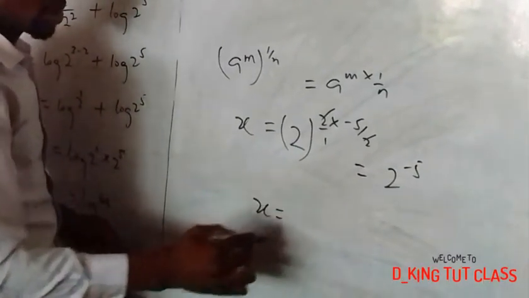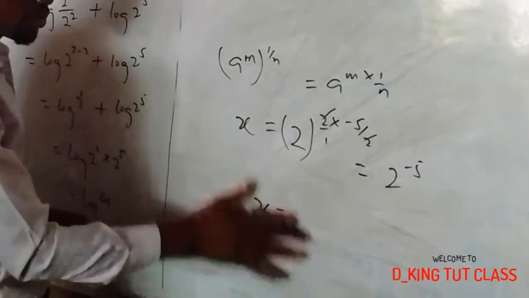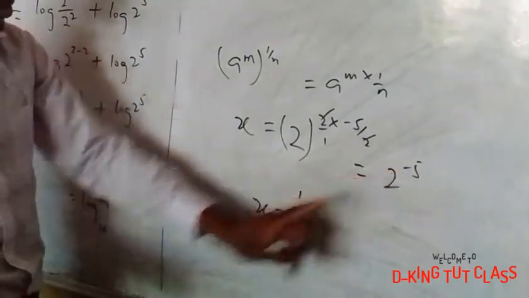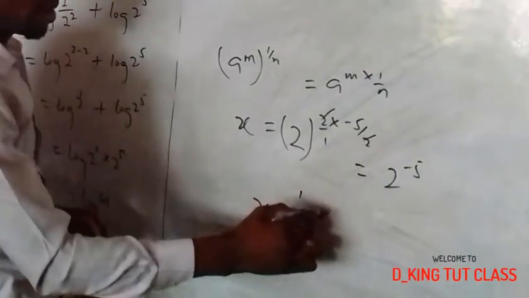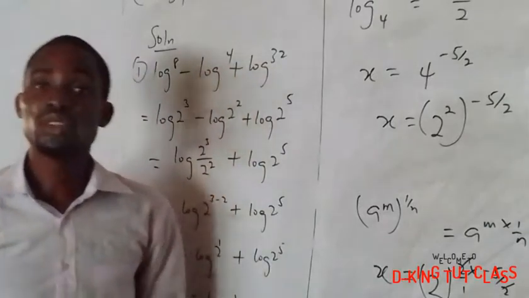Finally, x becomes 1 over 2 raised to power 5, where minus represents 1 over. So 1 over 32. So, let's now move on to indicals.